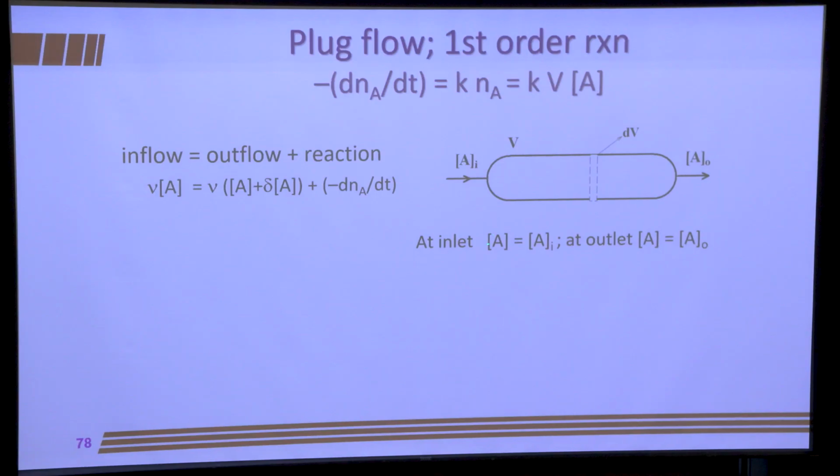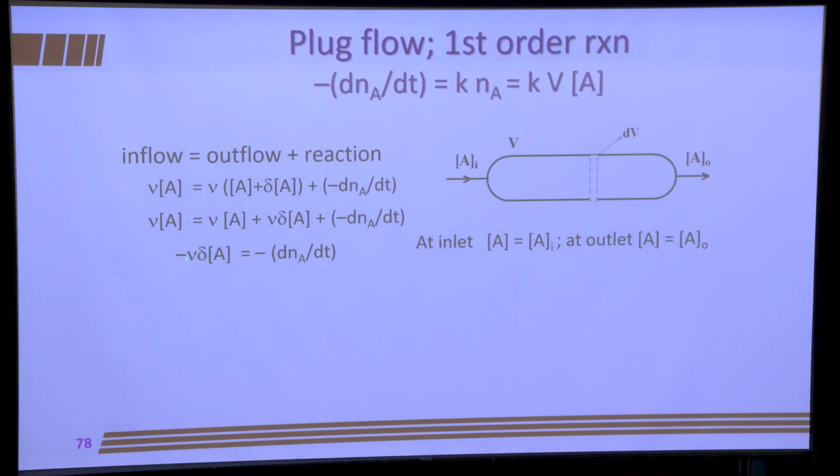So at the inlet, the concentration of A is defined as the concentration of A at the inlet, and at the outlet it's defined as the concentration of A at the outlet. Okay, so the volume flow rate times the concentration of A is equal to the volume flow rate times the concentration of A plus the volume flow rate times the change in concentration of A, plus minus the change in number of moles with respect to time.